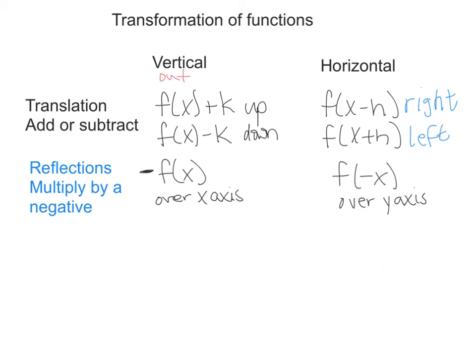Outside the function. And so in the horizontal, everything is happening so far inside the function, inside the parentheses, inside the absolute value, eventually under the square root. Everything horizontal is inside the function. So let's add that.